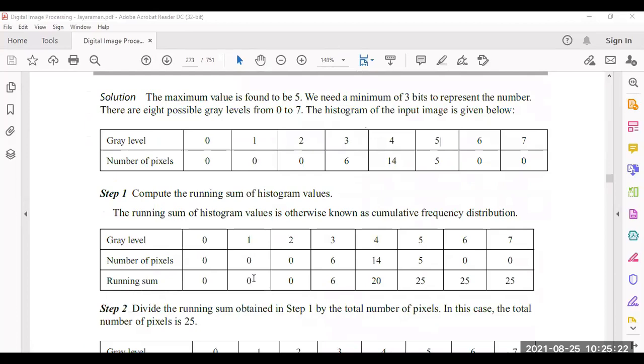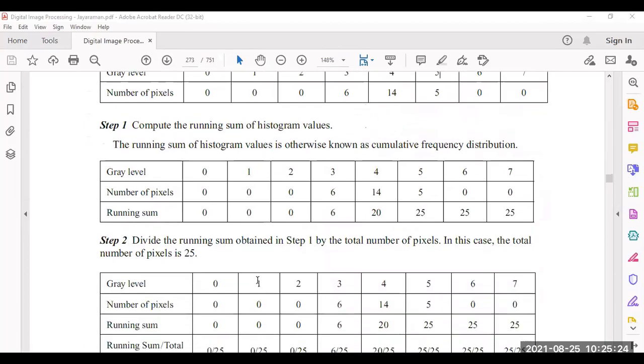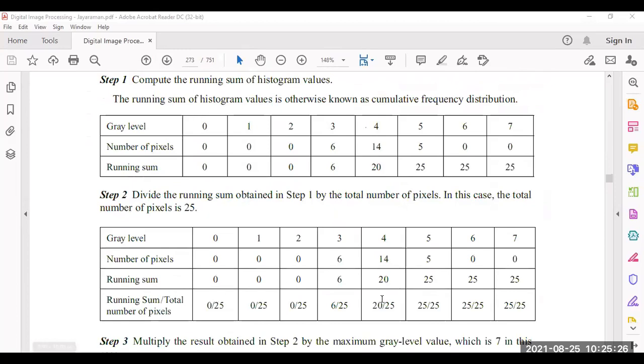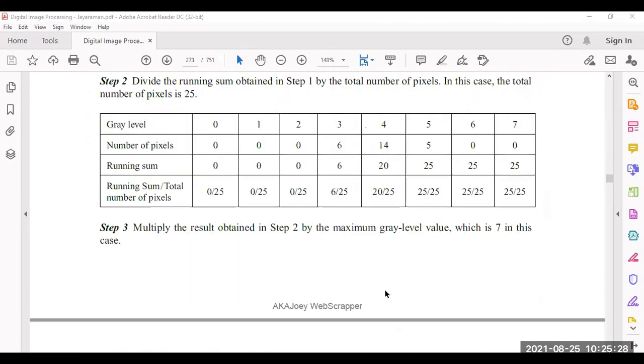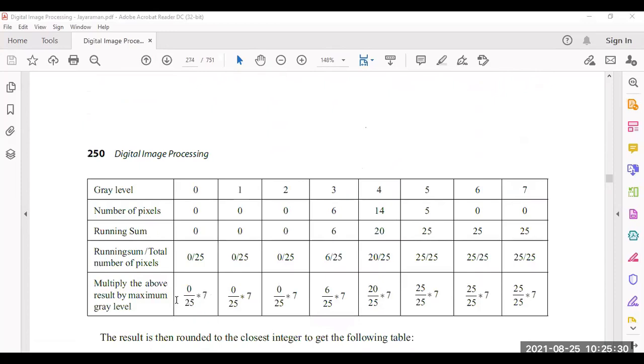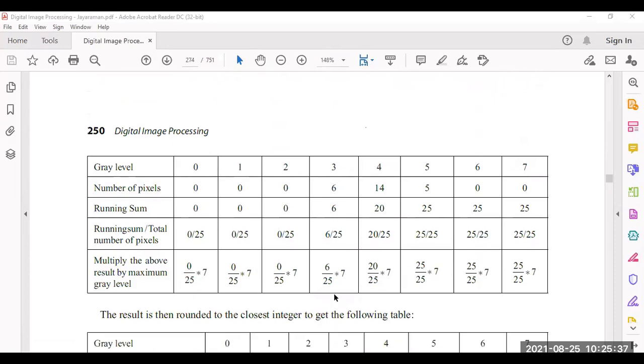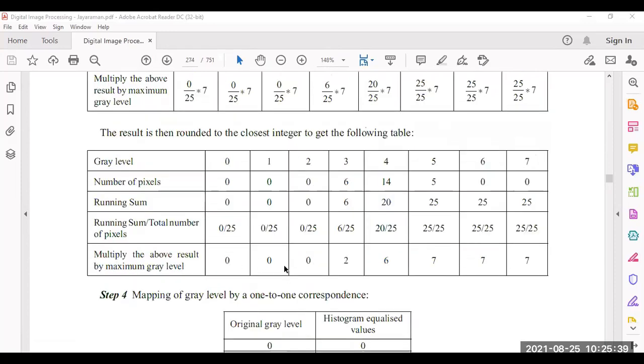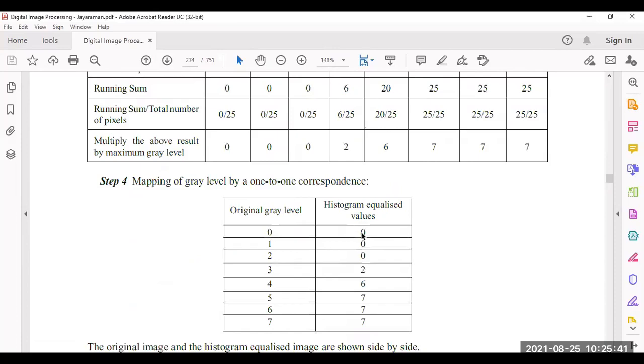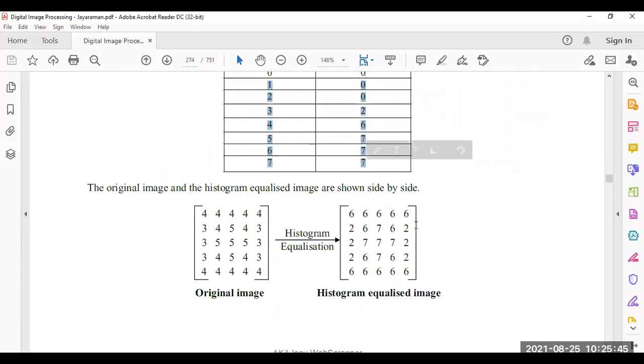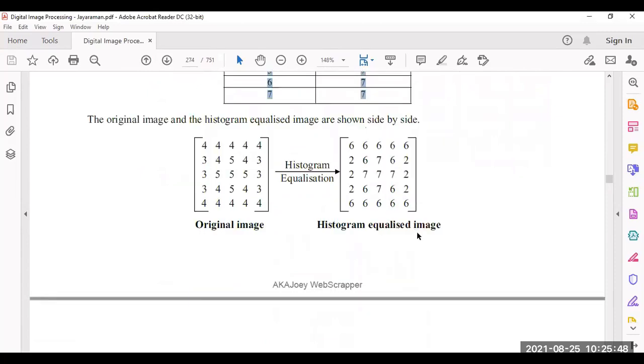Then divide the running sum by the total number of pixels. Then multiply by the maximum value of the pixels. Then round off to the closest integer, and you will get the histogram equalization. Then simply convert your original image to the equalized image.